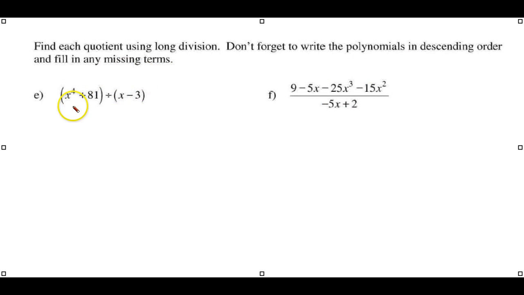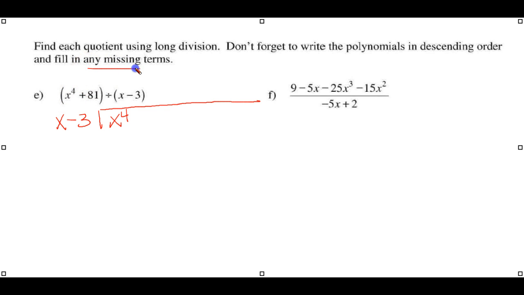Now another skill in setting this up. Let's set this up together. So we have x minus 3 divided into, now we have x to the fourth, but there is no x to the third.